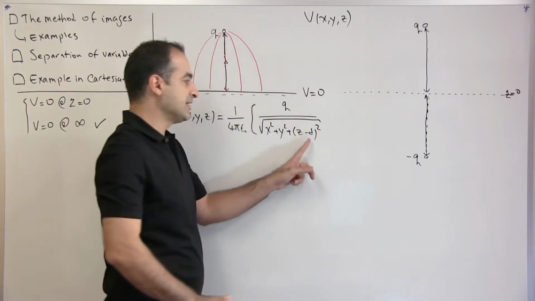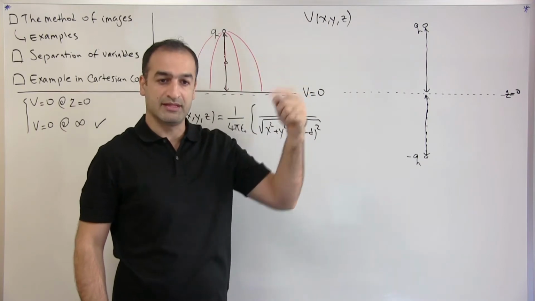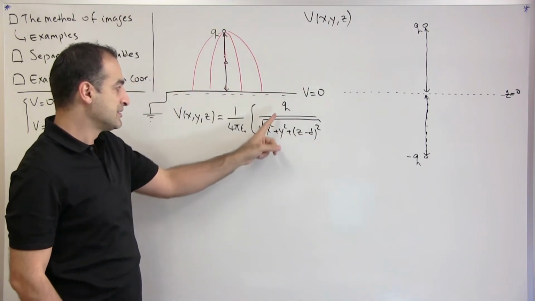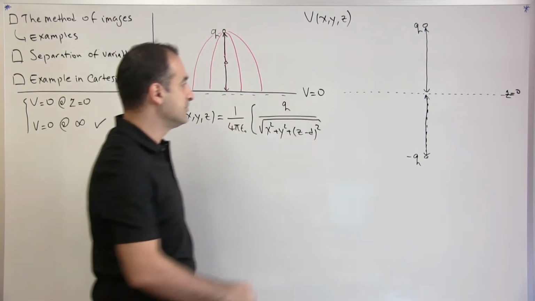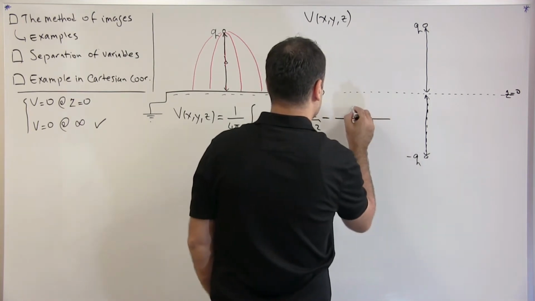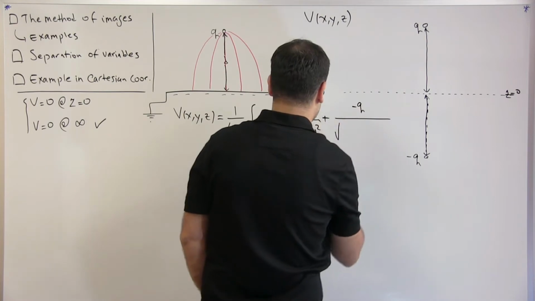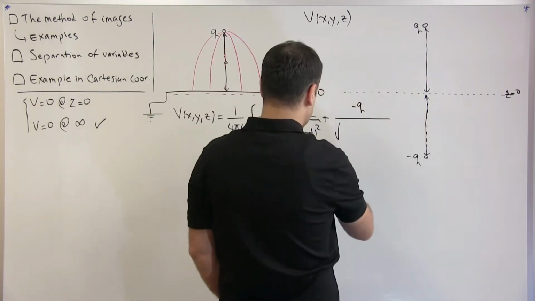Here we have z minus d because the charge Q is sitting at z equal to plus d. And the distance from the other charge, negative Q, is very similar. Instead of minus d, it's sitting at minus d, so it becomes positive.